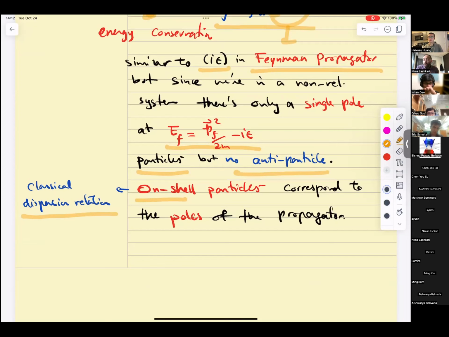Now you Fourier transform in those 4 variables, right? You go into momenta and energies, so you look at the propagator in the momentum space and energy space. The propagator was the Green's function for the Schrodinger operator.